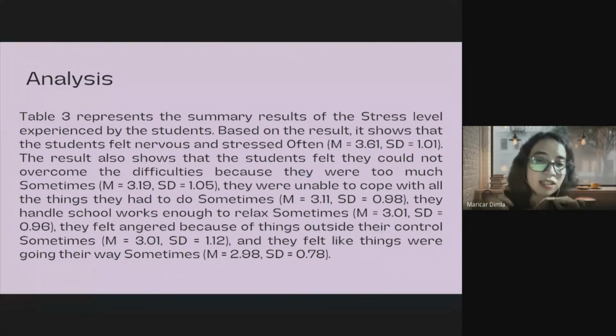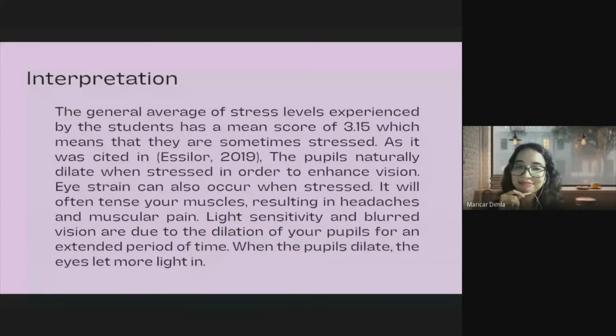And then class, this is now the interpretation. In the interpretation part class, we're not just simply stating the general score or the mean score, which is 3.15, and then meron tayong result na sometimes nag-stress sila. We also need to go back class with your RL and RS.